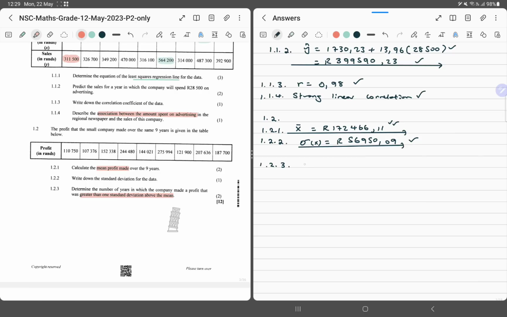So one standard deviation above mean is going to be the mean plus that standard deviation.